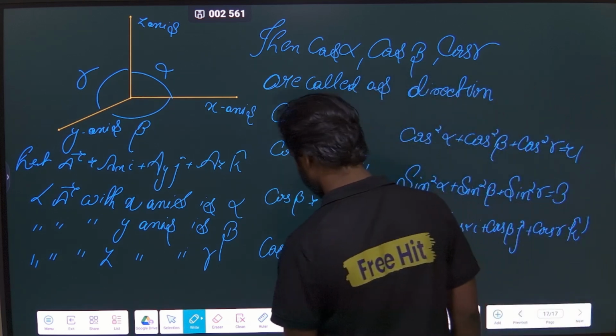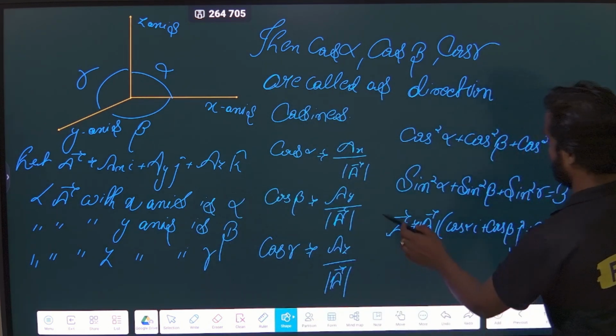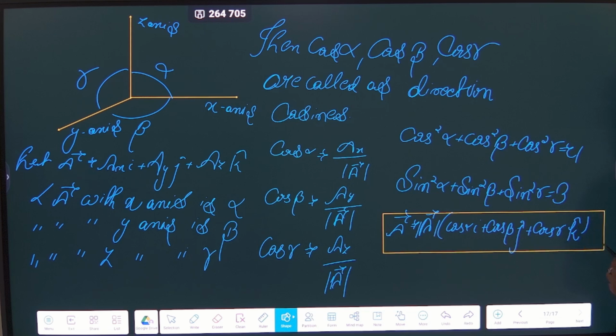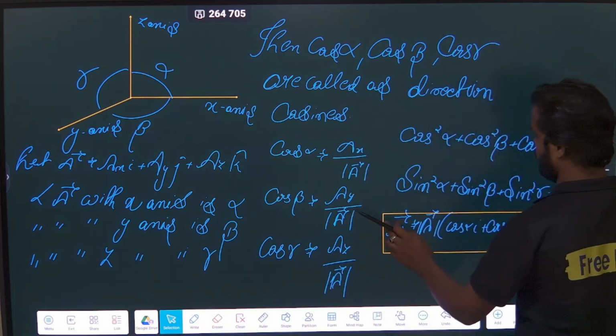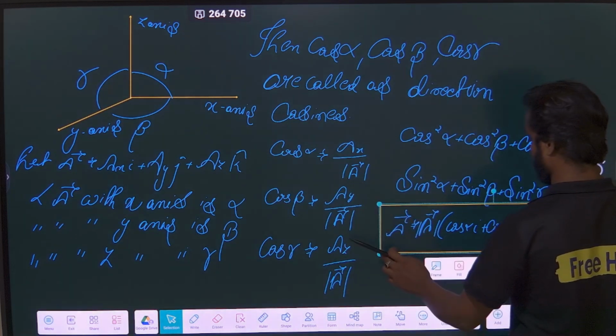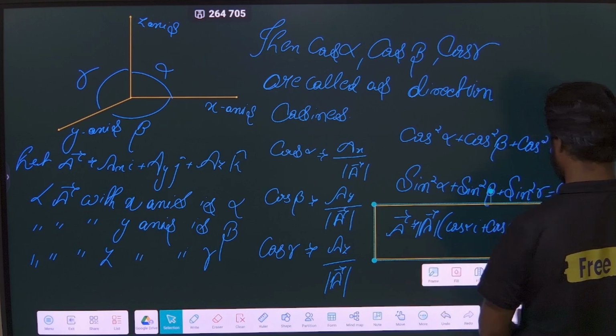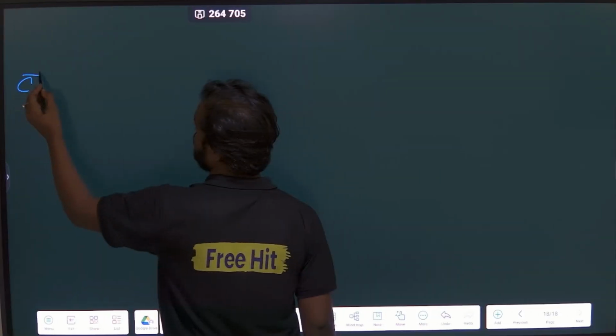This is very important from the exam point of view. Clear? Mod of a times cos alpha i cap, cos beta j cap, and cos gamma k cap.